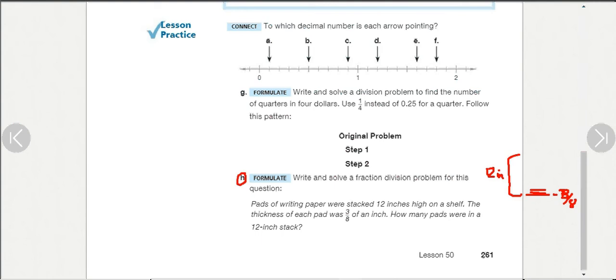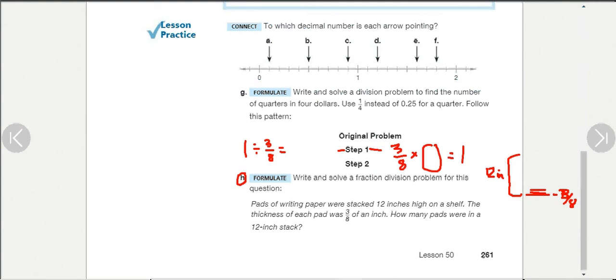First, step 1, we find how many 3/8 are in 1. 3/8 times what is 1? Or, same thing, 1 divided by 3/8, how many are in 1? We don't just say 1, we don't just say 2. We want to know exactly how many.